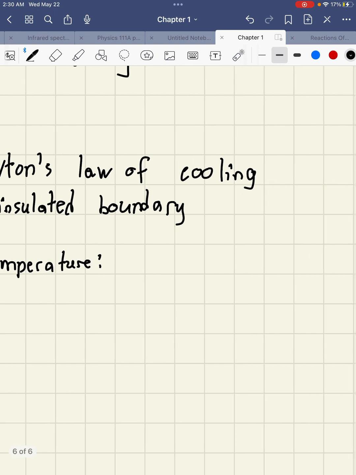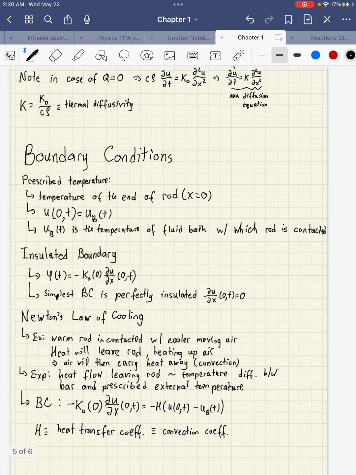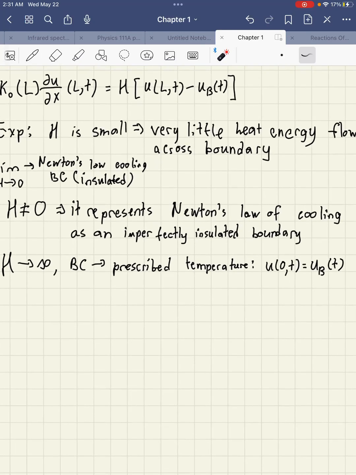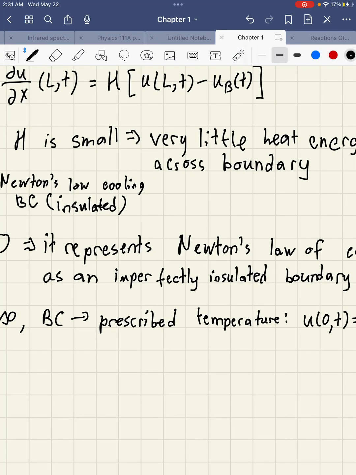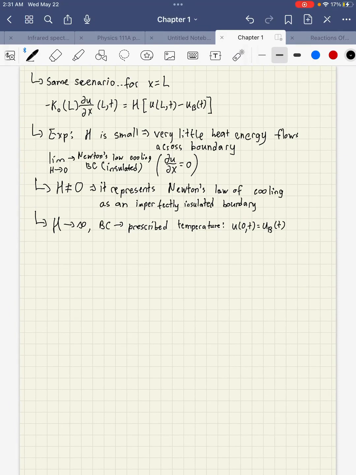In other words, my U is equal to T, like here. So let me just write it here. Partial U partial X is equal to 0. So you can summarize all of this type of boundary condition within this based on our proportion.